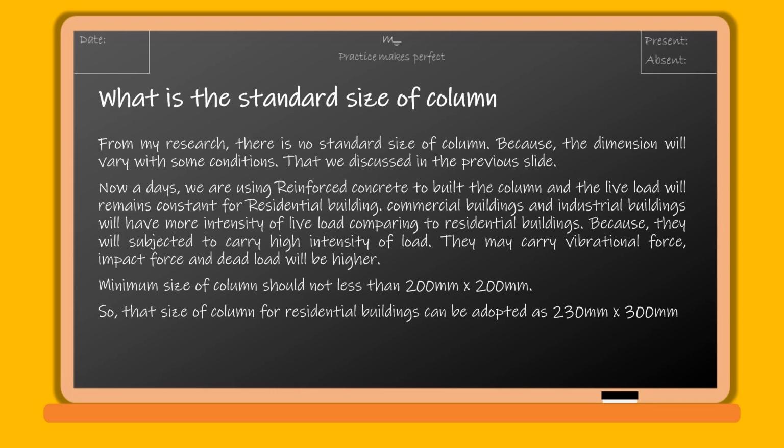They may carry vibrational force, impact force, and dead load will be higher. Minimum size of column should not be less than 200 mm by 200 mm. So, the size of column for residential buildings can be adopted as 230 mm by 300 mm.